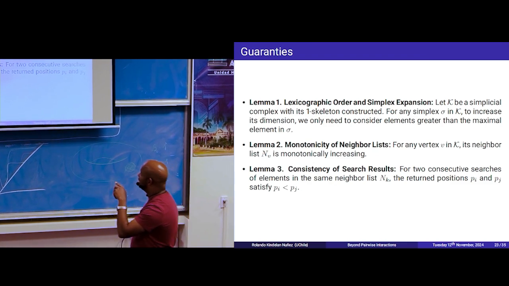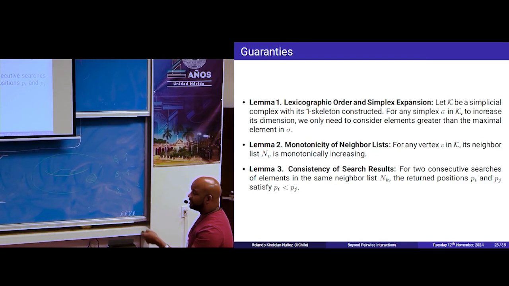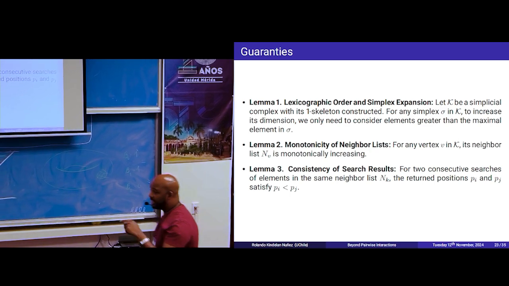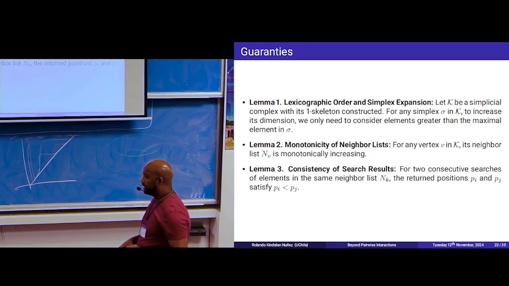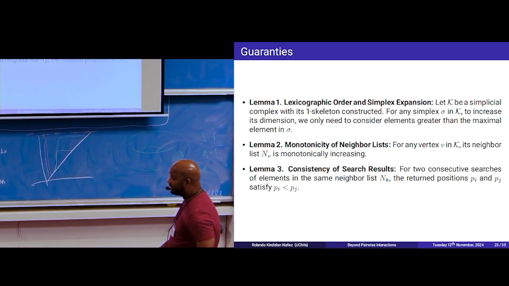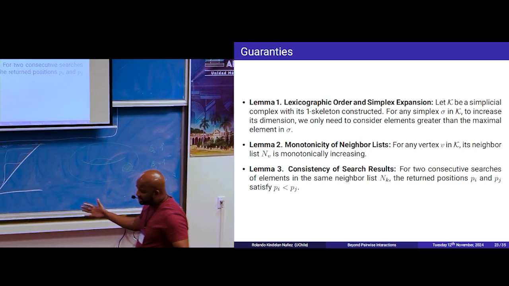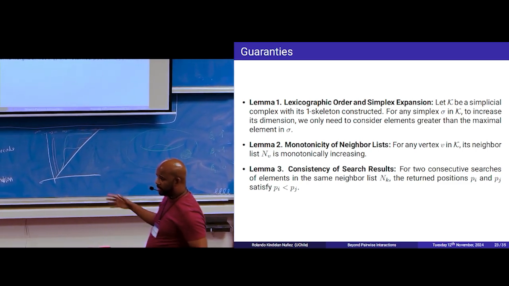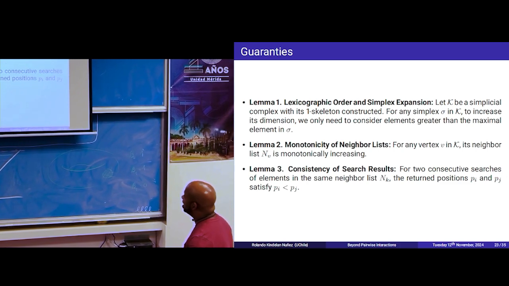The other thing is that we only need to check the maximal element in one simplex, no matter what dimension that simplex has. That means that if we have a simplex with dimension 100, we only need to check 1 point, the last one. That is a good enhancement.